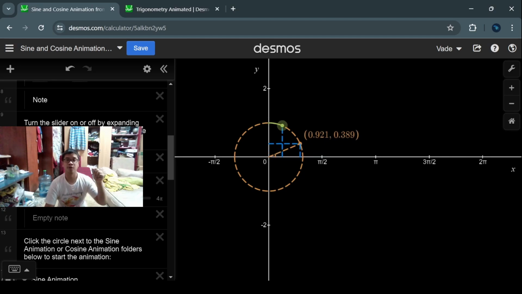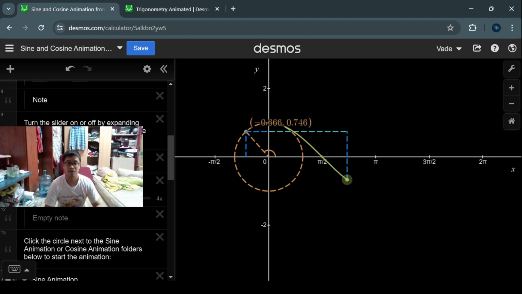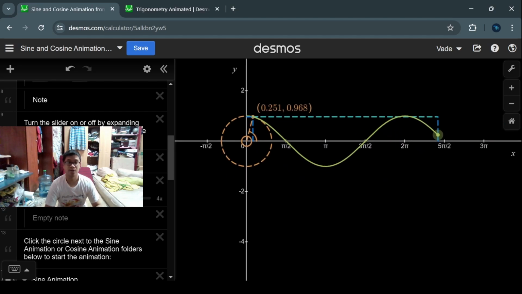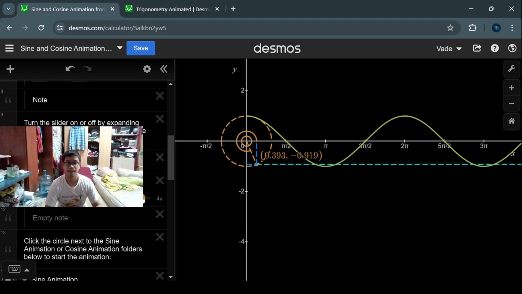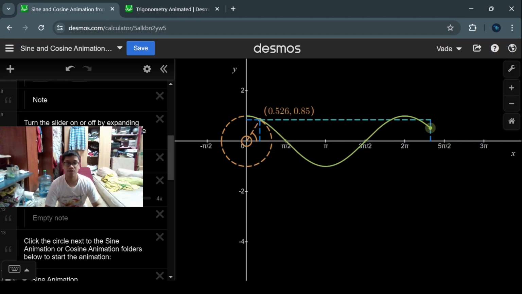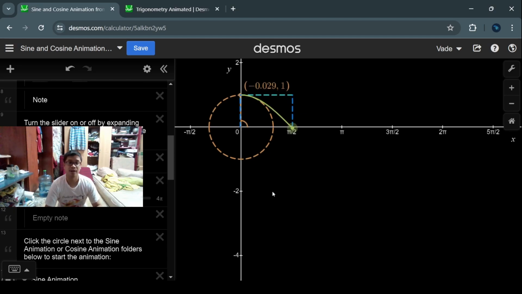Now we go further. What if we rotate the radius? So here's what will happen. Let's zoom out. If we analyze it very carefully, from 0 degrees going to 90 degrees, your graph of the cosine function would look like this.